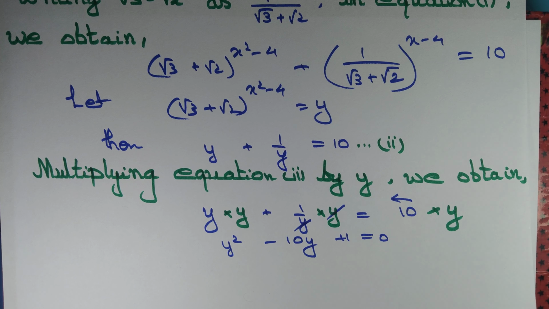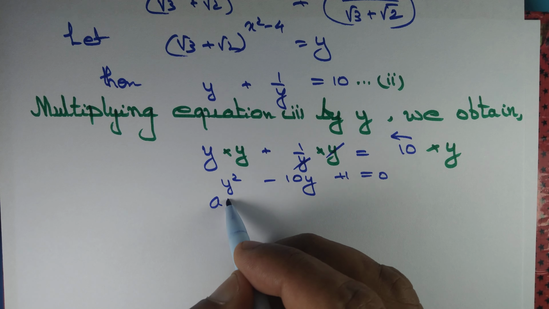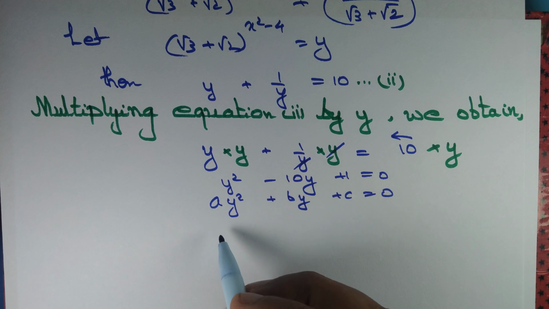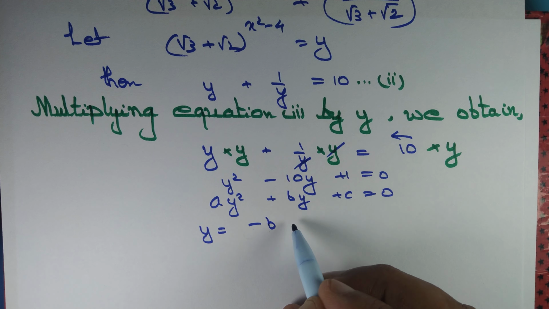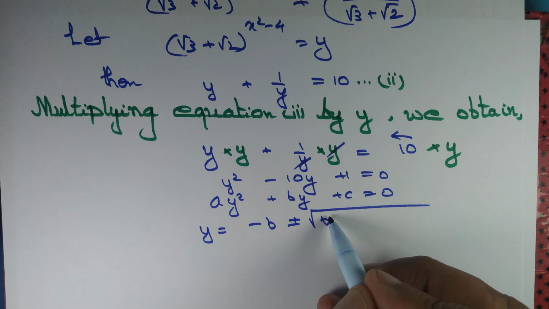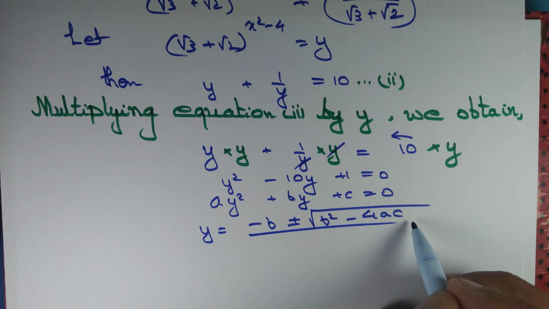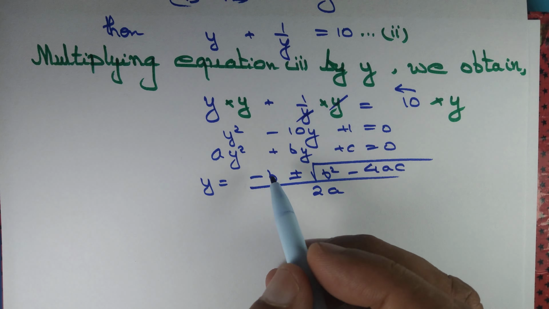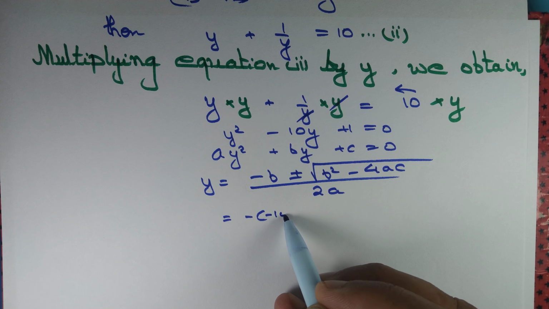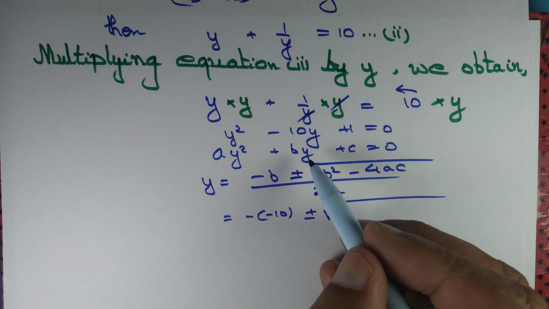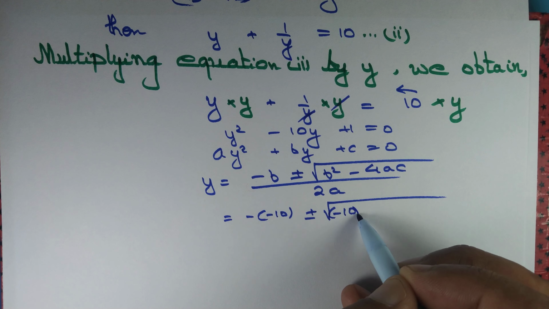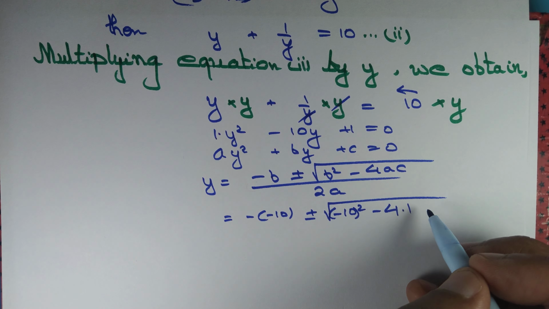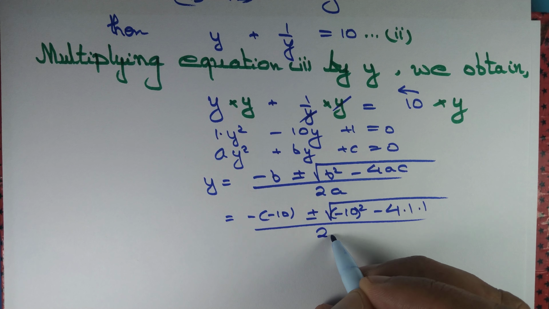That's a quadratic equation of the type ay square plus by plus c equal to 0. Roots are given by y equal to minus b plus minus root over b square minus 4ac divided by 2a. You see here b equal to minus 10, so minus of minus 10 plus minus root over (minus 10) whole square minus 4 into a equal to 1, c equal to 1, divided by 2 into 1.